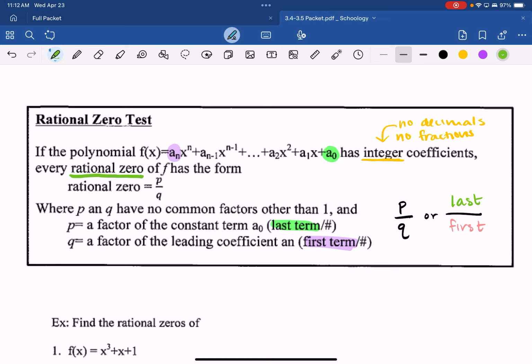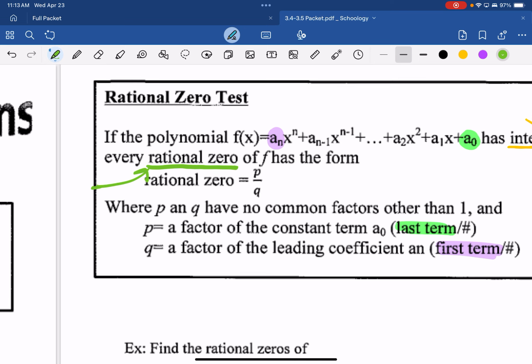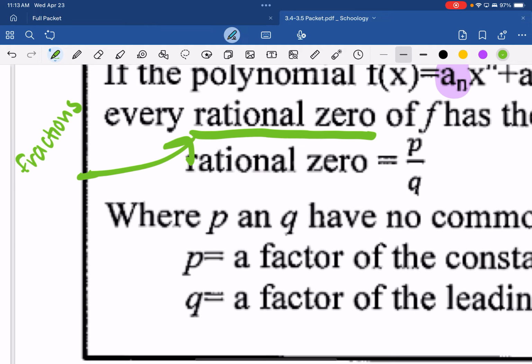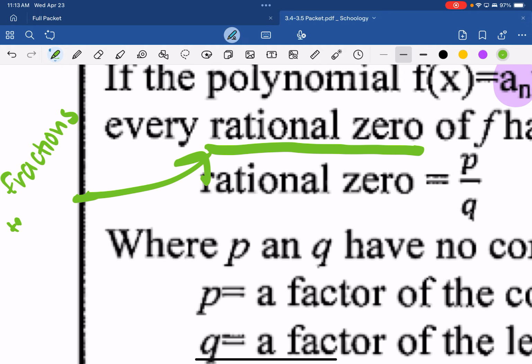Okay, let's talk about what that rational word means. We did this like way back the first day I met you all. Okay, when we're talking about rational, that can include fractions. That can include fractions, terminating decimals, okay, or repeating decimals.